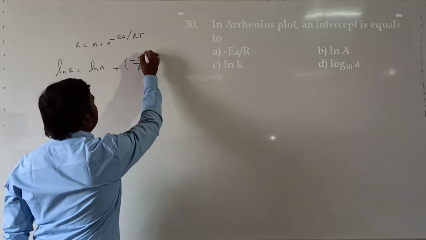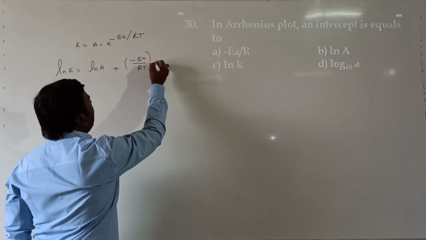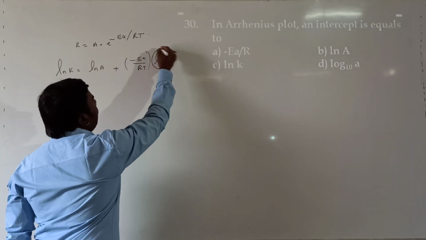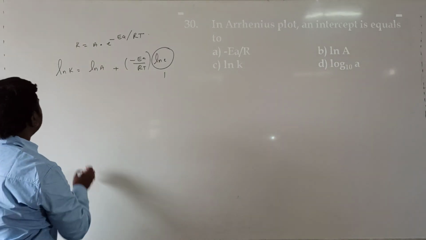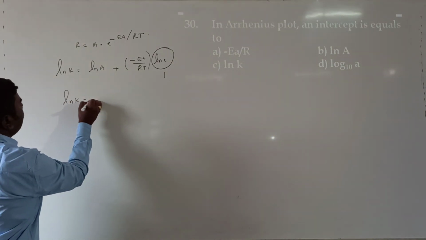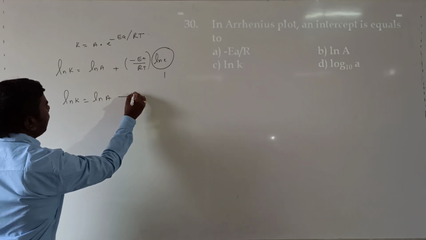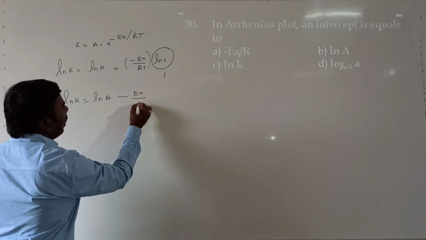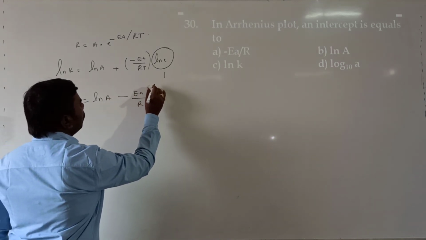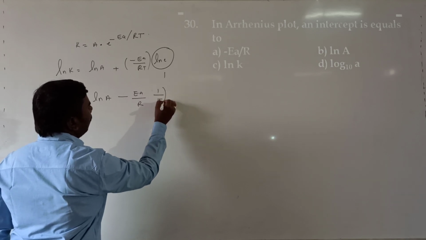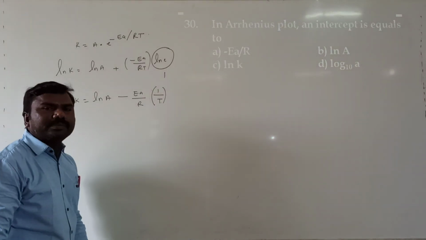Ln e will be 1, so you can remove that. Ln K equals ln A minus Ea by R into 1 by T. Clear, all of you?